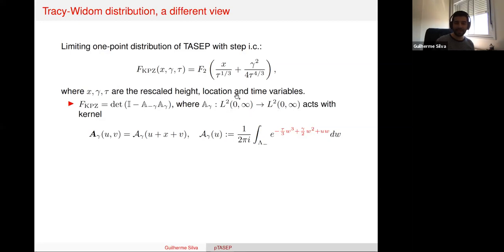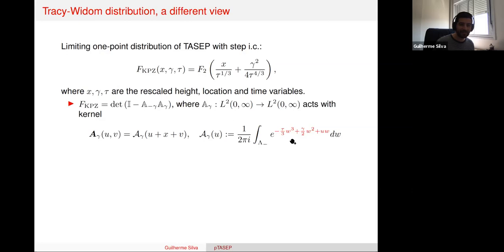It acts on a real space, and it has a very particular structure, which is that if you look at its kernel, it's basically a shift of a one variable function where the shift x appears here. And this one variable function is almost like Airy, but not quite, in the sense that you introduce also a quadratic term here, and you also have the tau variable here, right?